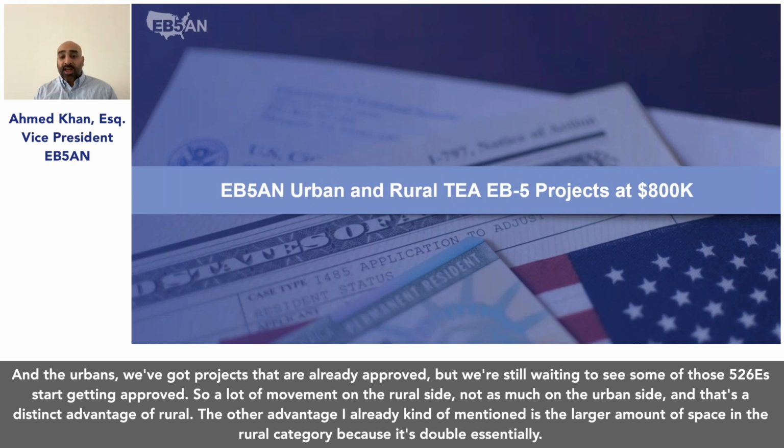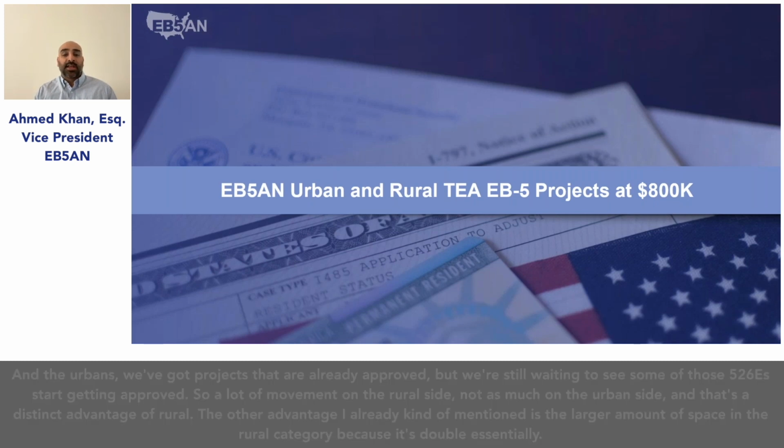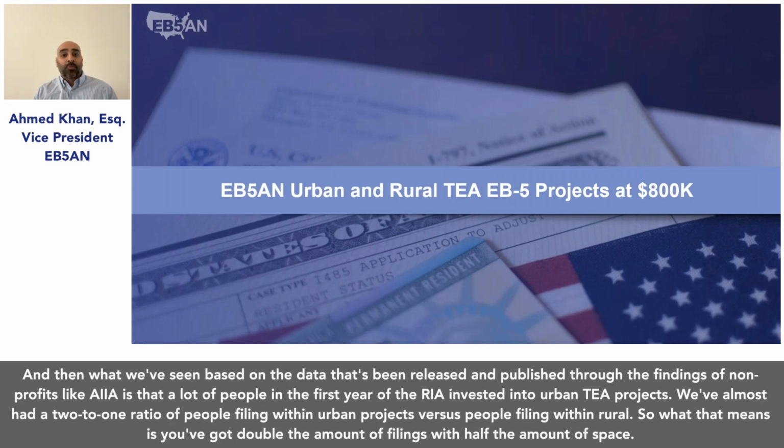So a lot of movement on the rural side, not as much on the urban side, and that's a distinct advantage of rural. The other advantage I already mentioned is the larger amount of space in the rural category because it's double essentially. And based on the data that's been released and published through the findings of nonprofits like AIIA, a lot of people in the first year of the RIA invested into urban TEA projects.